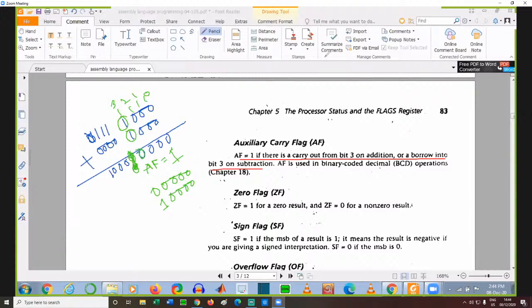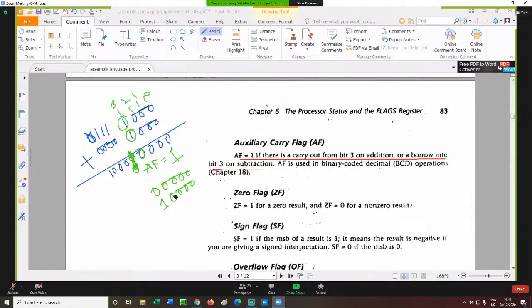So this is 1 and this is 0 0 0 and maybe 0 1 1 1 1. We're subtracting that number from the second number.